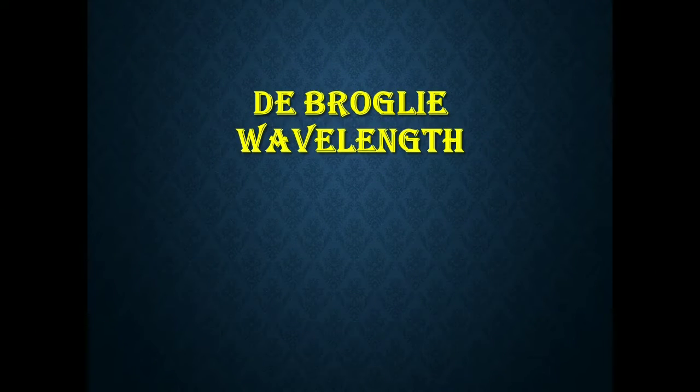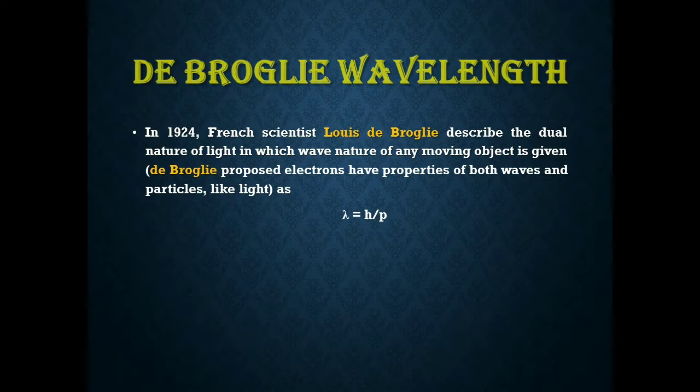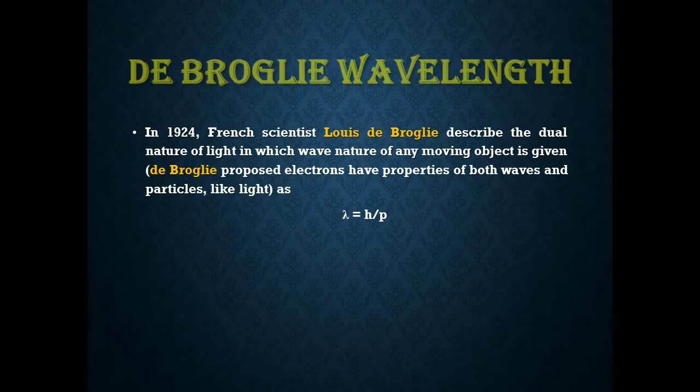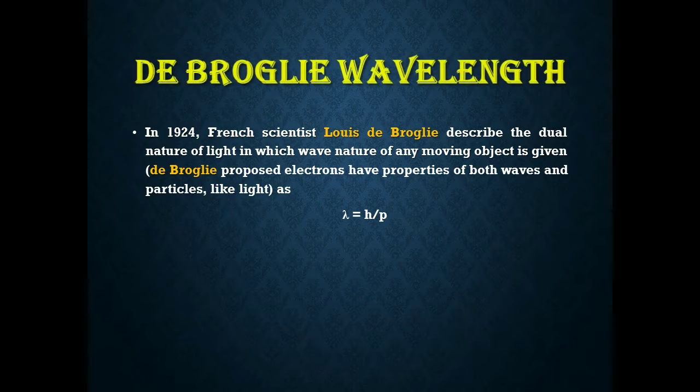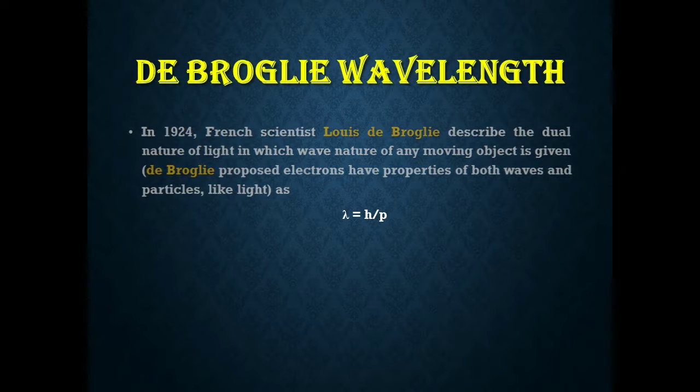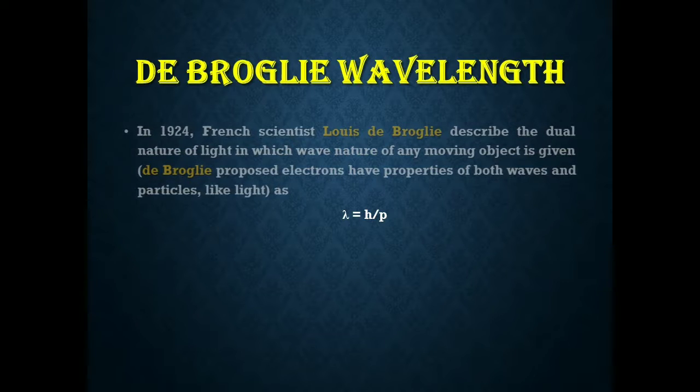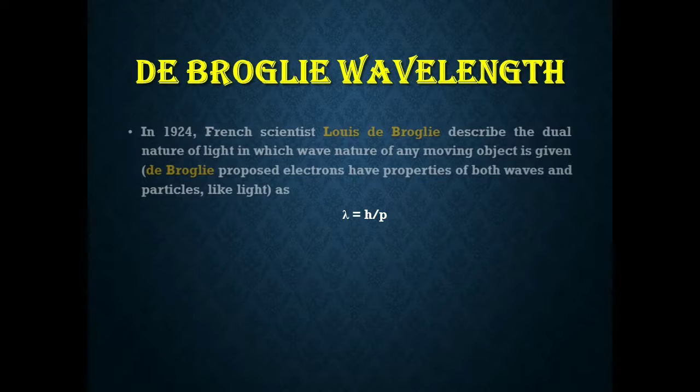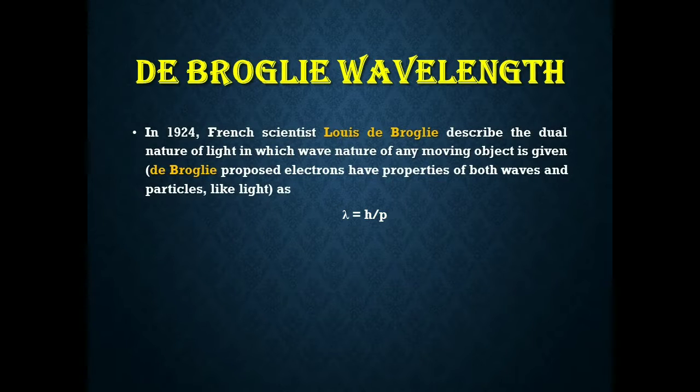Today I am here to discuss a new animated video related to the de Broglie wavelength. Let's start the video. In 1924, French scientist Louis de Broglie introduced a hypothesis in which he considered that matter exhibits dual characteristics, just like light, as light behaves as a wave as well as a particle.